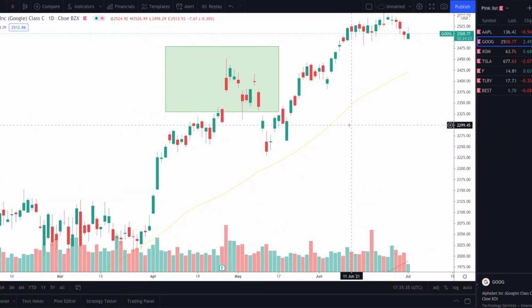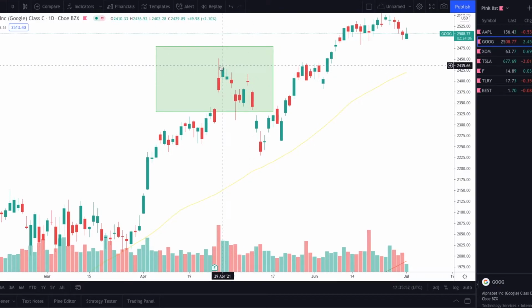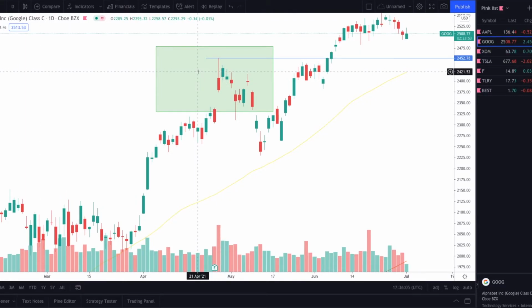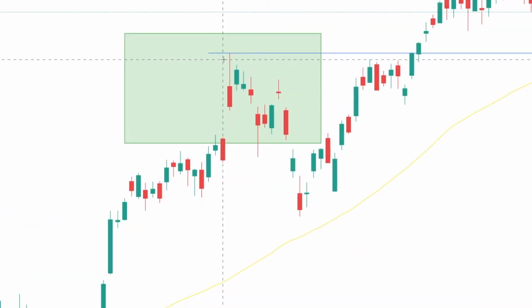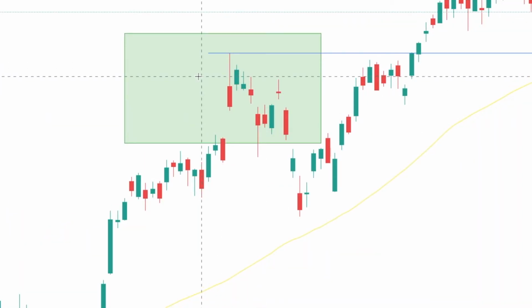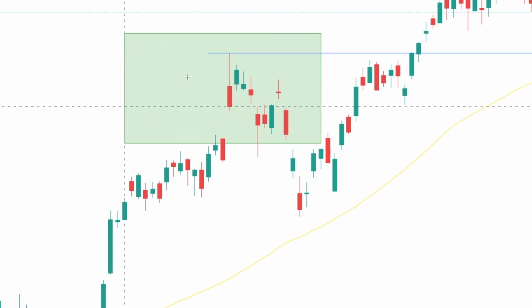This is also in Google. We have a topping tail. You have a huge tail that comes up, hits a new high, and sells hard off, and closes in the bottom 25% of the entire candle. You might be thinking, but this was not the top because we have this that's higher. Well, this was the top. Like with all rules in stock trading, these are signals. They're not guaranteed moves. A topping tail signal means there is a higher probability that it's going to go down, and a bottoming signal means a higher probability of it going up.